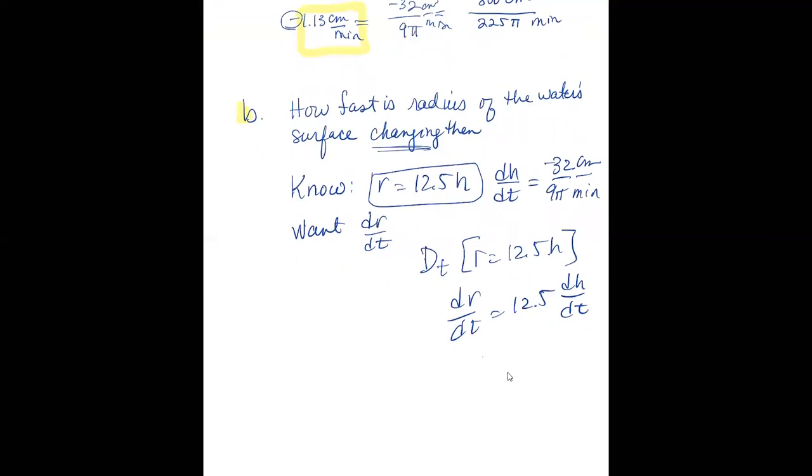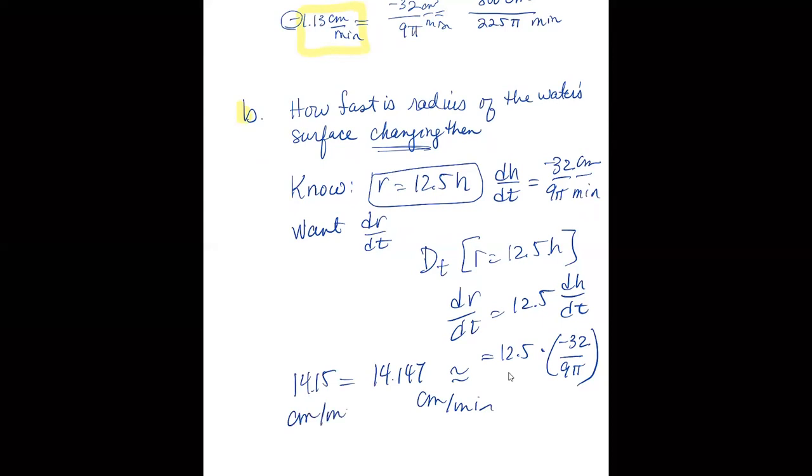So dr dt will be 12.5 times dH dt, which is negative 32 over 9 pi. Multiply that out. And I'm getting approximately 14.147 centimeters per minute, and rounded to two decimal places would be 14.15 centimeters per minute.